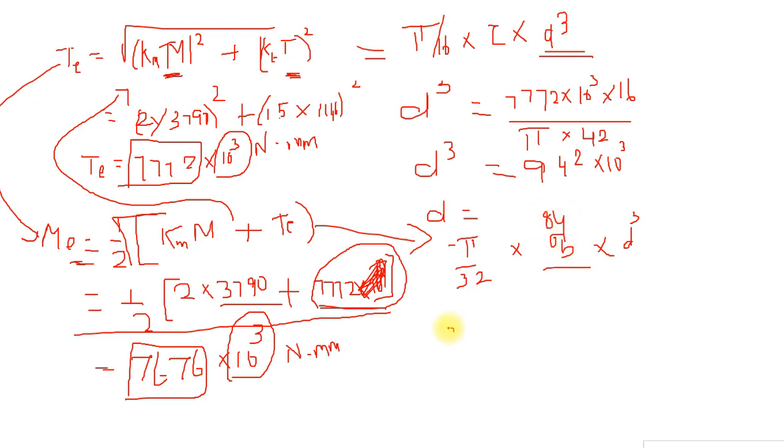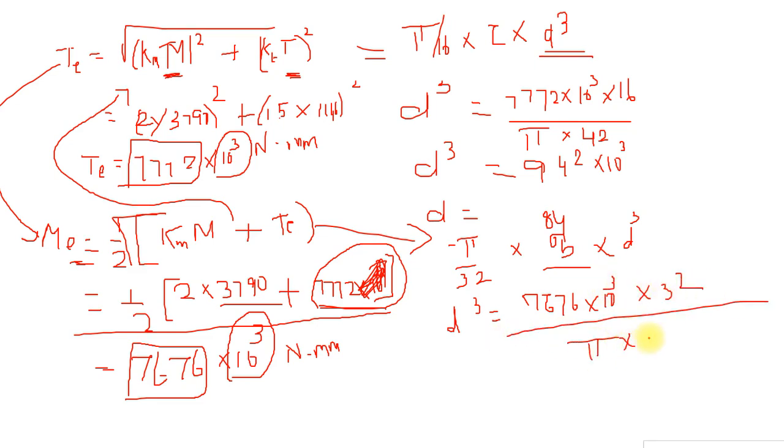If I substitute, I need the d cube value, so d cube is equal to 7676 into 10 to the power 3 into 32 divided by pi into 84.